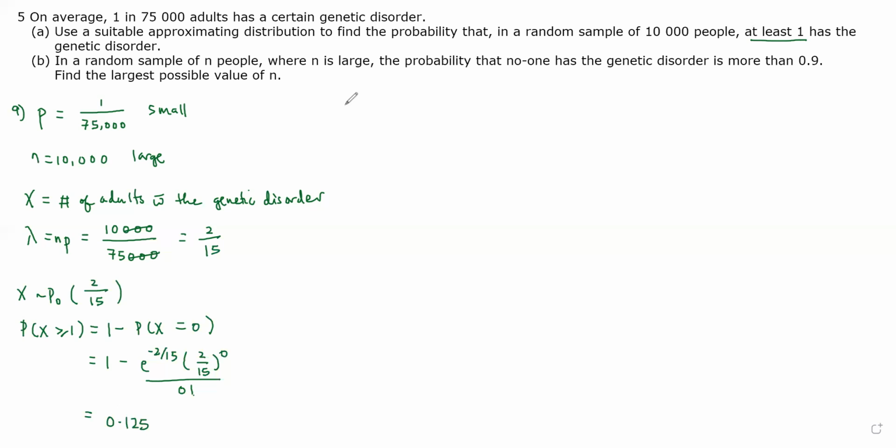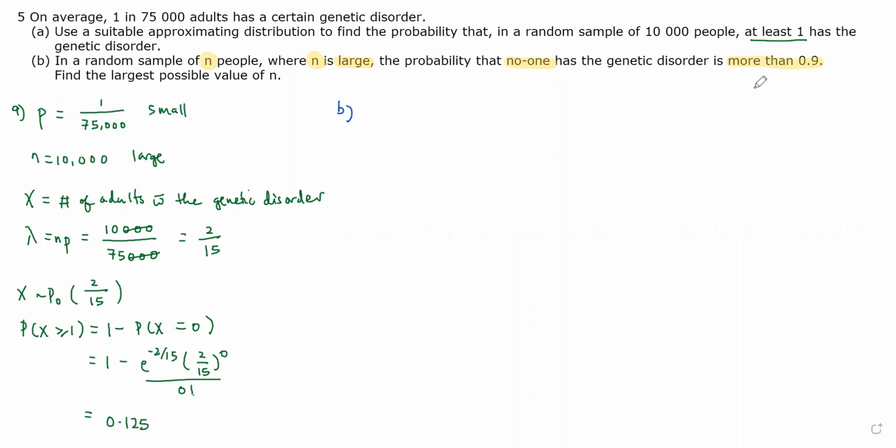Part B, in a random sample of n people, so there are n people now, where n is large, the probability that no one has the genetic disorder is more than 0.9.